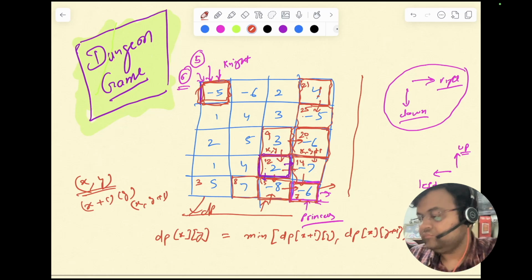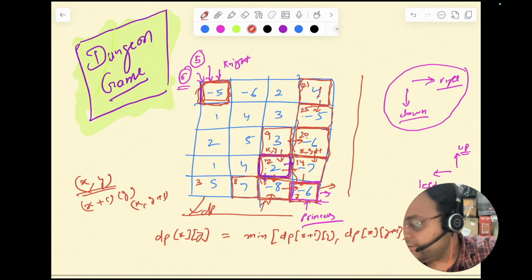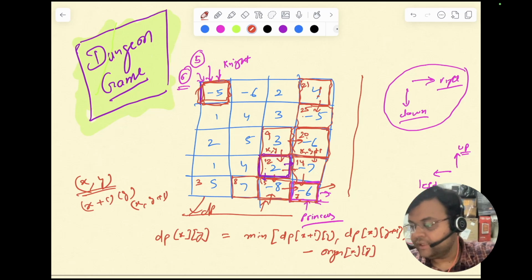Okay, and we need to subtract the original array's value of x and y. If it is negative, it will be added up. If it is positive, it will be subtracted. Okay, that's how we'll calculate it.